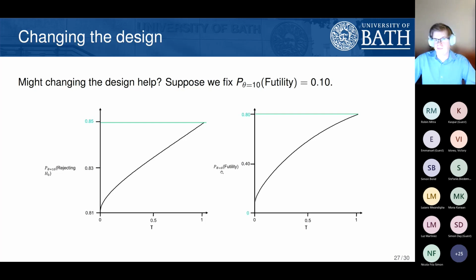So this is under the null hypothesis, where we really would want to be stopping for futility. And you can see there's a huge discrepancy depending on how much data is missing as to how often we manage to stop for futility in a case where, if we really believed in our futility boundary that we had initially, we really should be stopping.